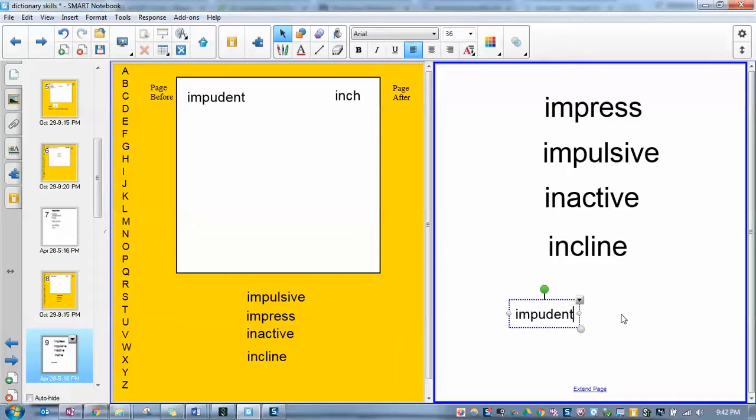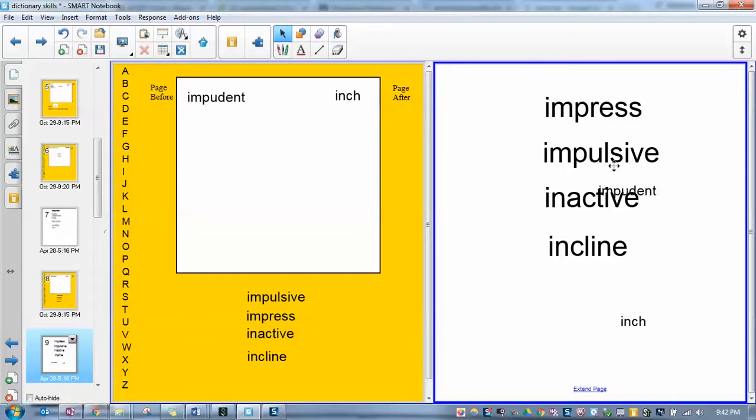So I have impudent and inch. So I will come in and see this is IMPU, L, M, N, O, P, Q, R, S, T, U, V. So IMPU.